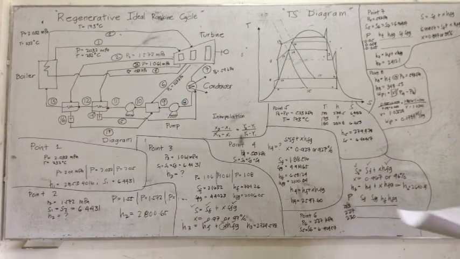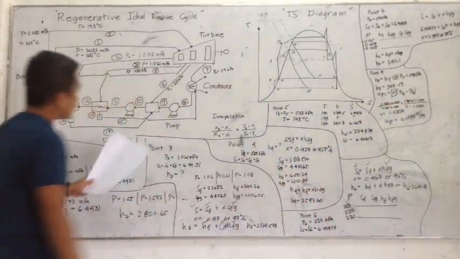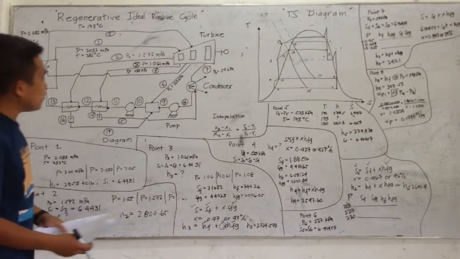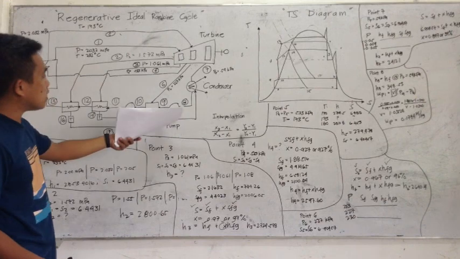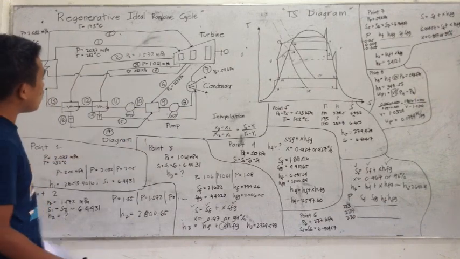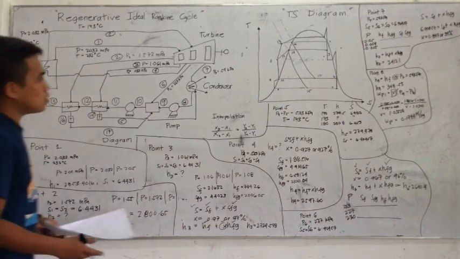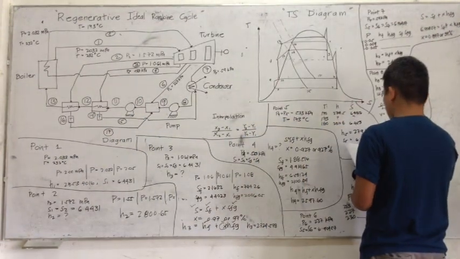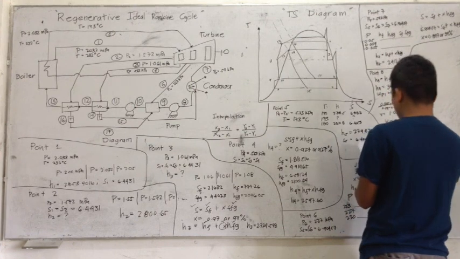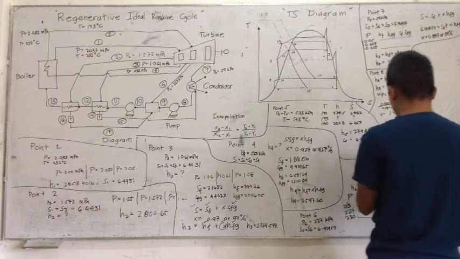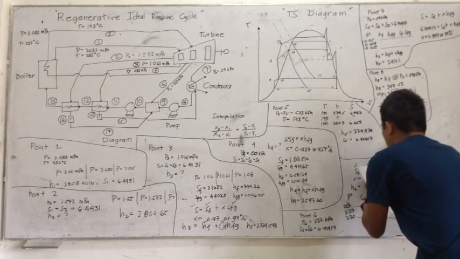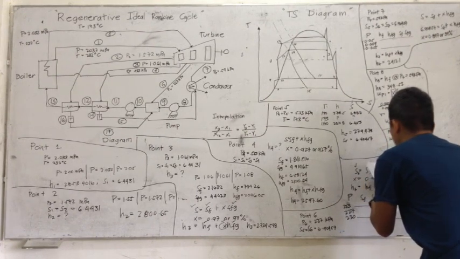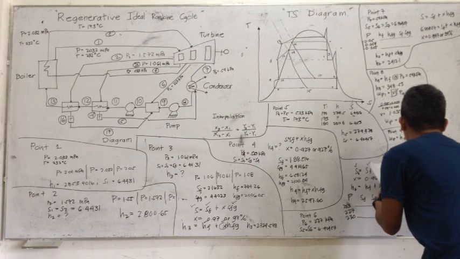Now, back in our diagram, from the pump, it has a work. It delivers water, liquid or water, into the open feed. So at point 9, the work of a pump is equal to H9 minus H8.